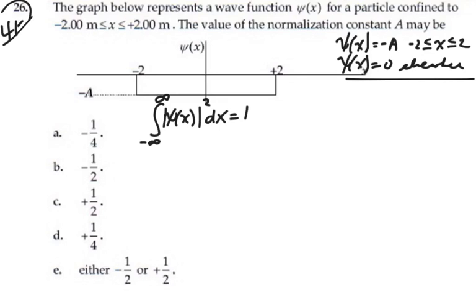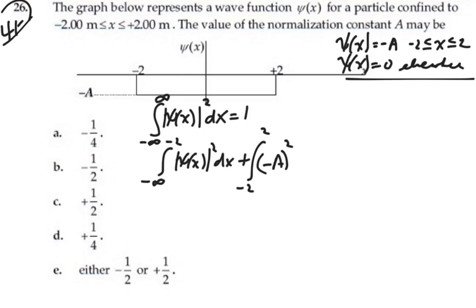But if we divide this into intervals, we would have from -infinity to -2, psi of x squared dx, plus from -2 to 2, psi of x, which is equal to negative A in this range, squared dx, plus from 2 to infinity, the probability density of psi of x integrated over that whole range. All this should add up to 1.